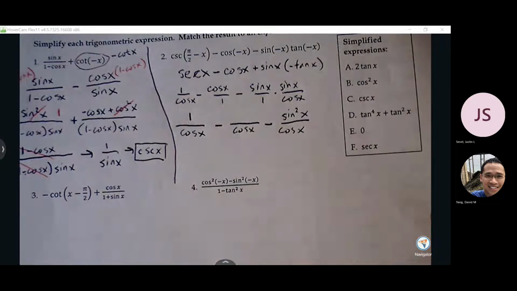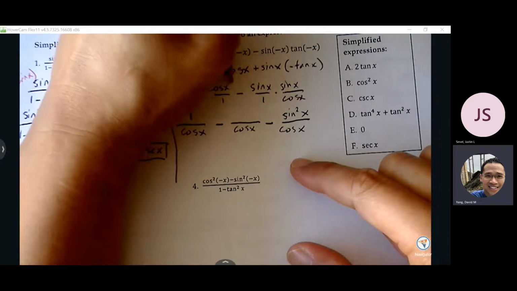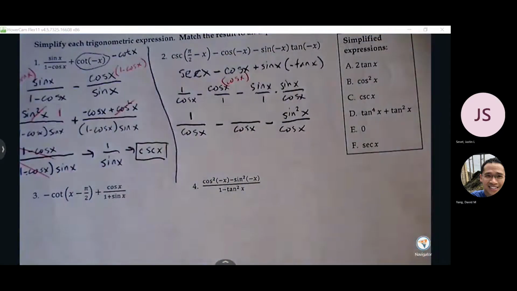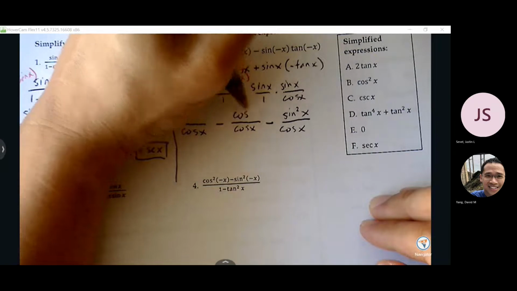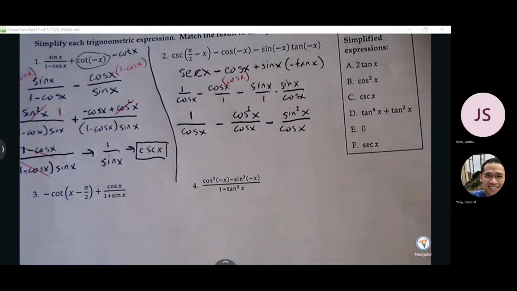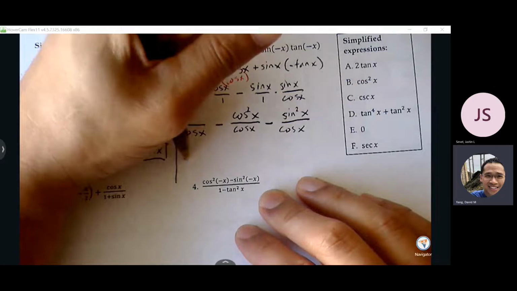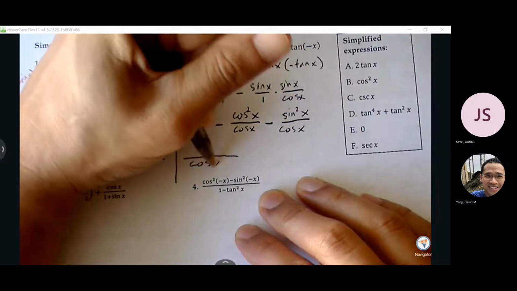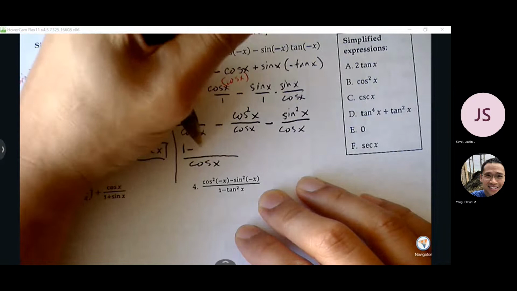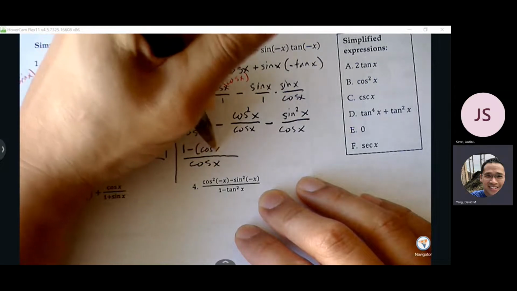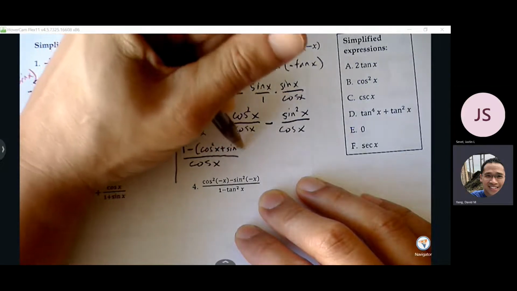So I need to balance that with the cosine x up top. Okay, so cosine squared minus sine squared. If I factor a negative 1 out, I get cosine squared x plus sine squared x.